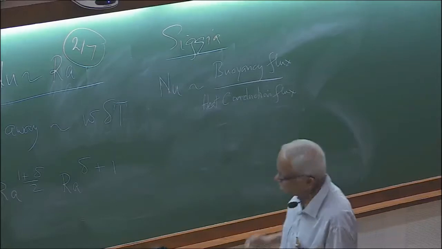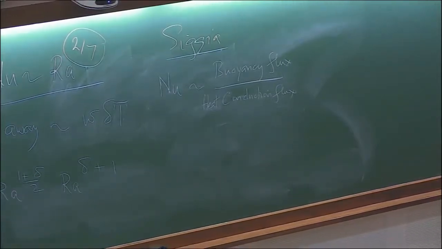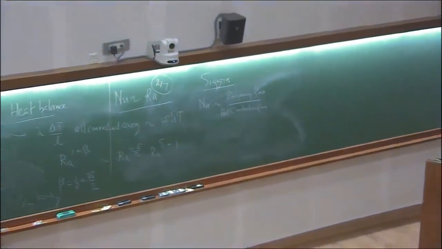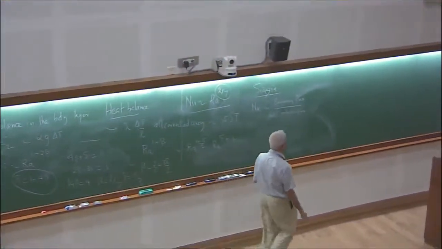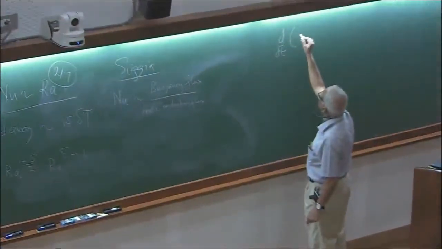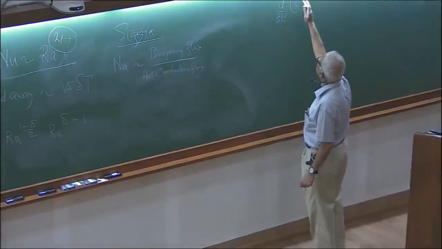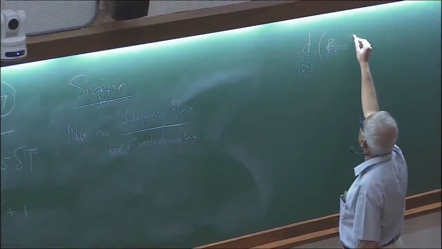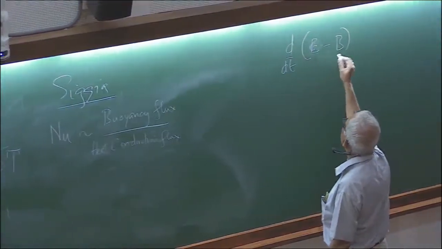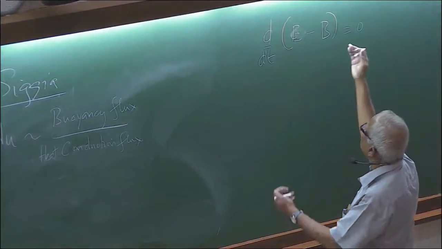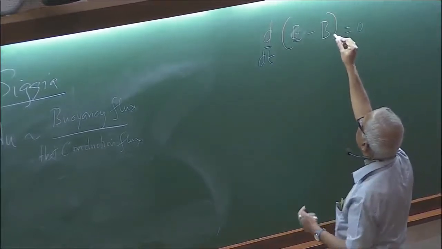Why is this an important issue? This is an important issue because the last thing which I did on Monday showed that in these convective things, there was a conservation law: d/dt of the energy, this energy minus this buoyancy part, this quantity was equal to 0. So the rate of change of energy was the rate of change of this buoyant energy.